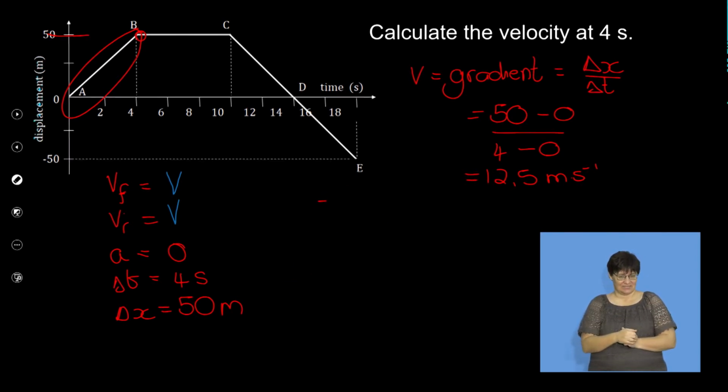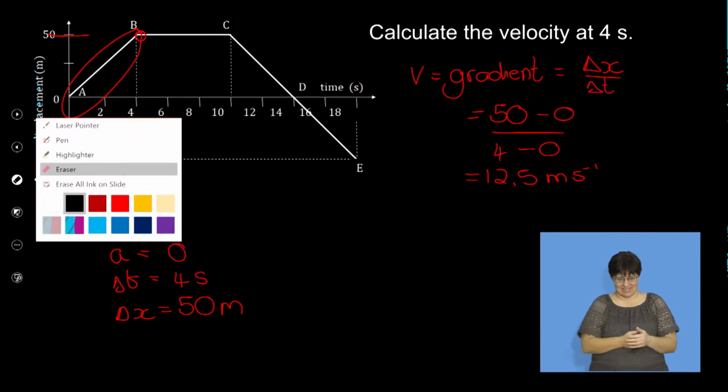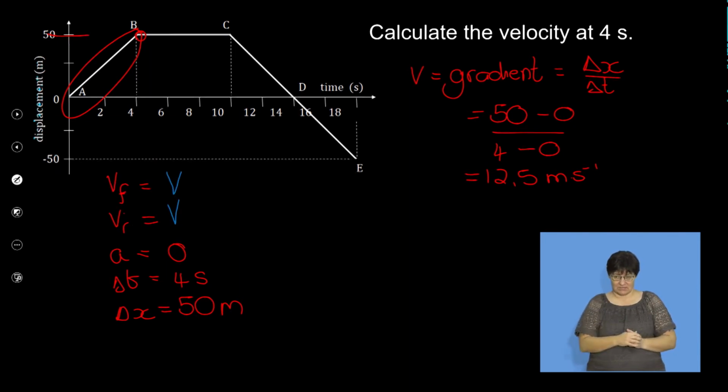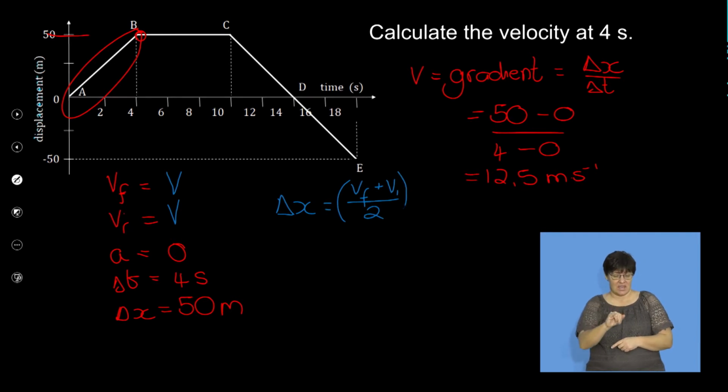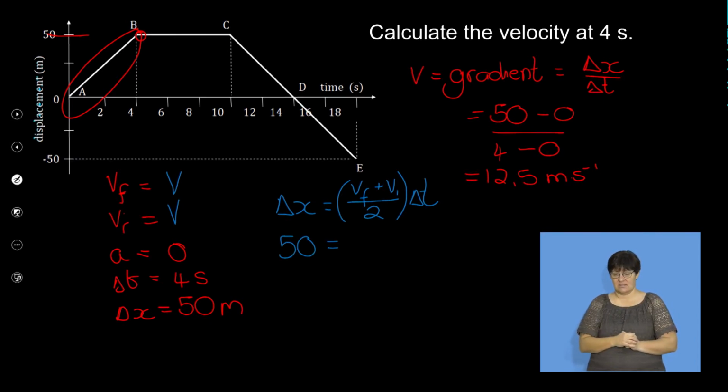I can now choose a better equation, not using acceleration. So what I can use instead is delta X equals VF plus VI over 2 times delta T. I know that delta X is 50. I have now said that VF and VI are both V, so this is V plus V divided by 2 times 4. Okay? I'm going to divide by 4 on both sides straight away.